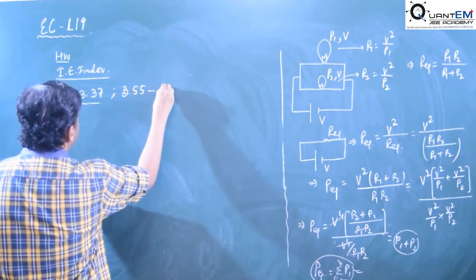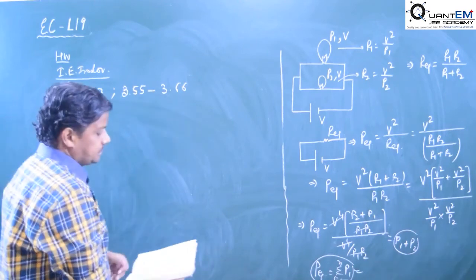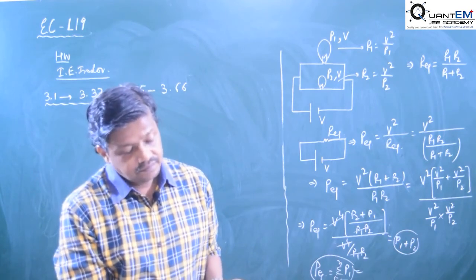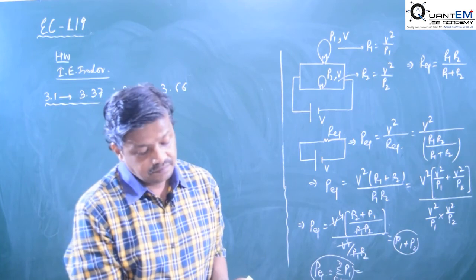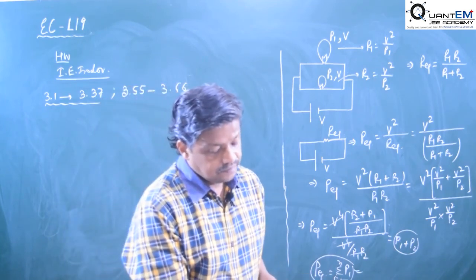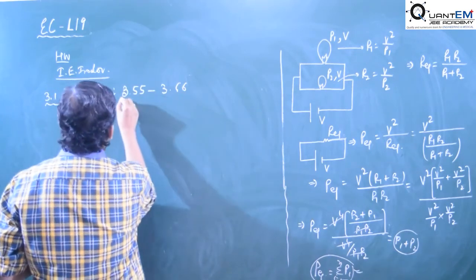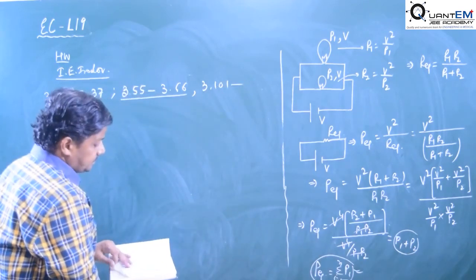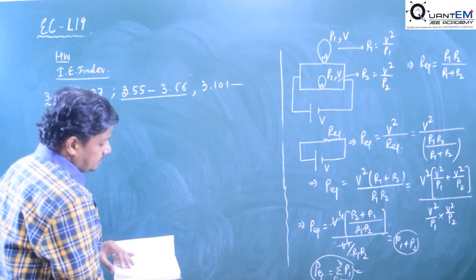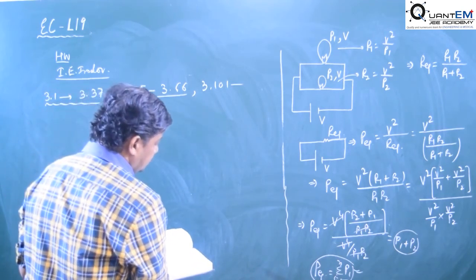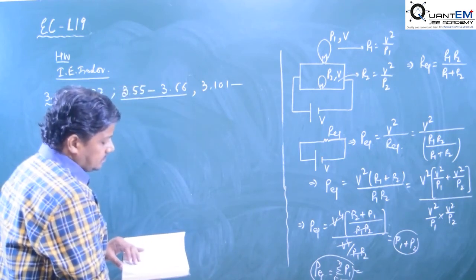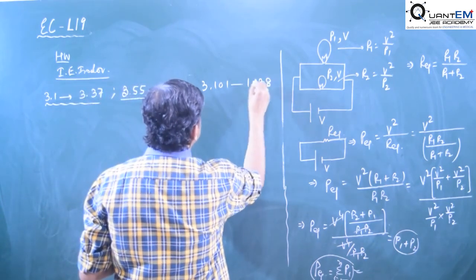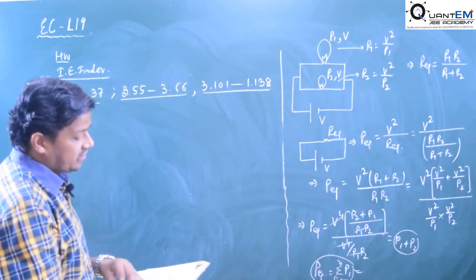Then you may try 3.55 to 3.66, then 3.101, and 3.138. All these questions you have to do.